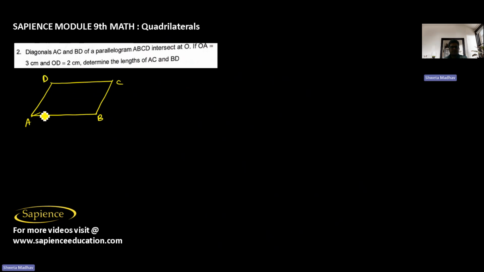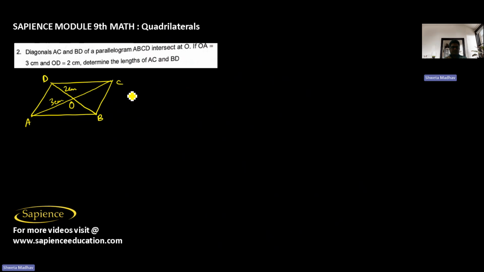The diagonals AC and BD intersect at O. If OA equals 3 centimeter and OD is equal to 2 centimeter, then determine the lengths of AC and BD.